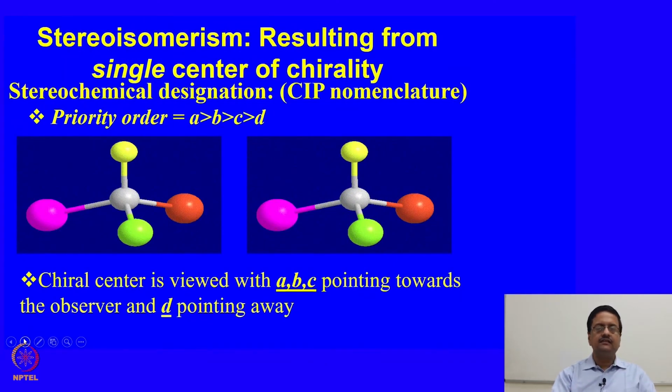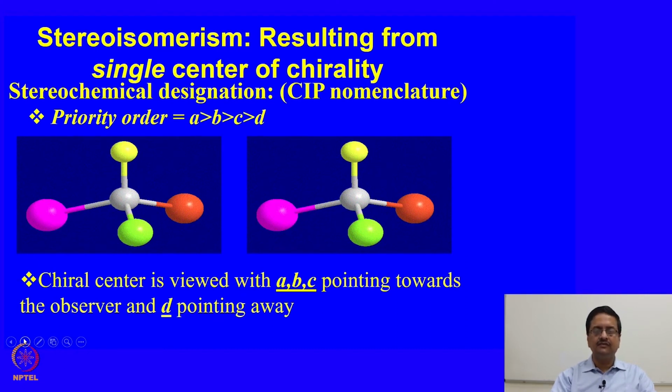So when we see that the 4 atoms connected to one center give rise to 2 different isomers or 2 different compounds, then we must identify those isomers using some nomenclature. For the stereoisomerism resulting from a single center of chirality, we have to have a stereochemical designation.